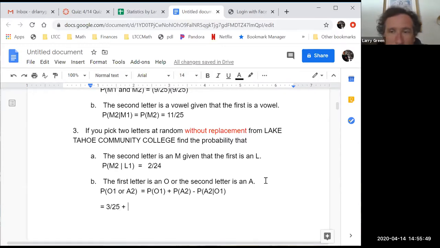Now, the probability of the second letter is an A. Put in the chat box. The probability of the second letter is an A. Put in the chat box. What is the probability of the second letter is an A? You can all put in the chat box.